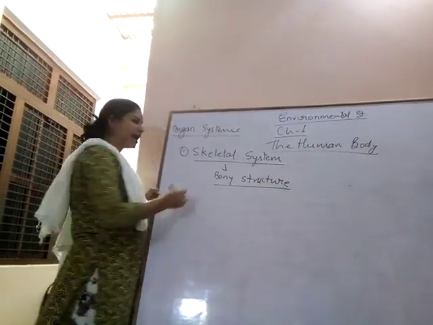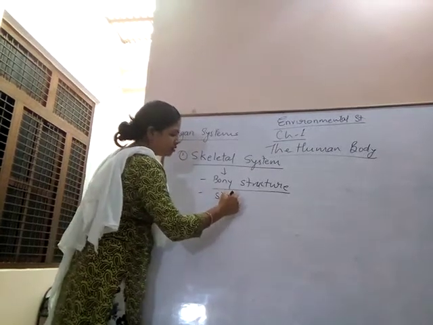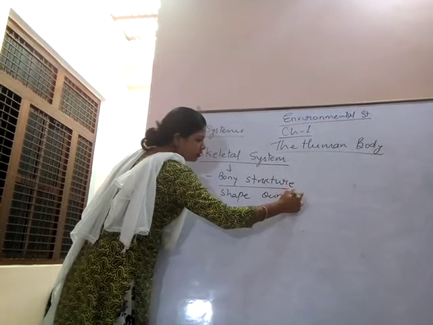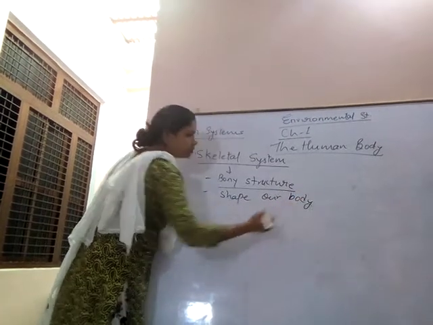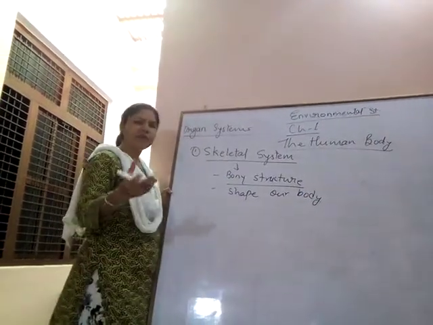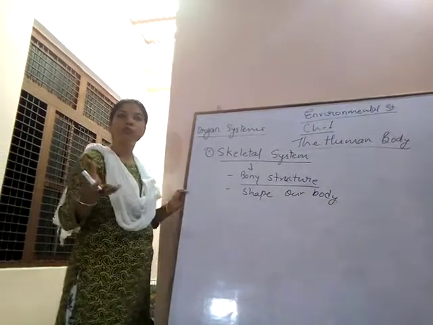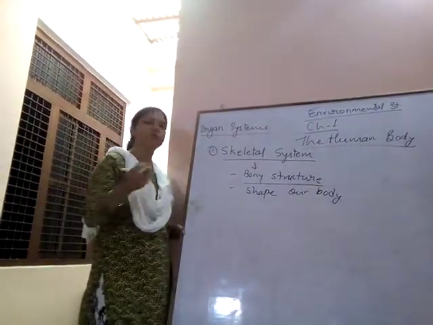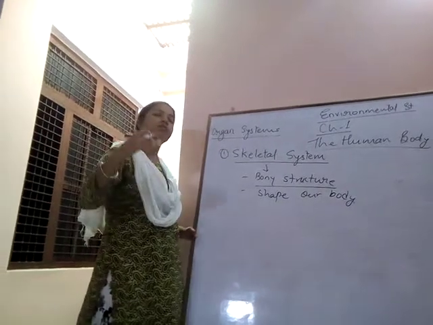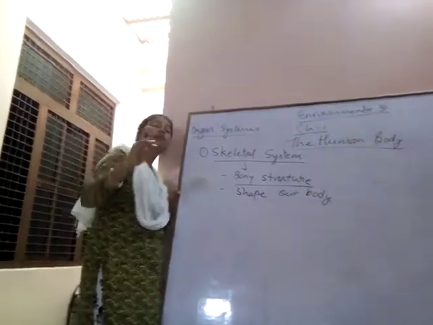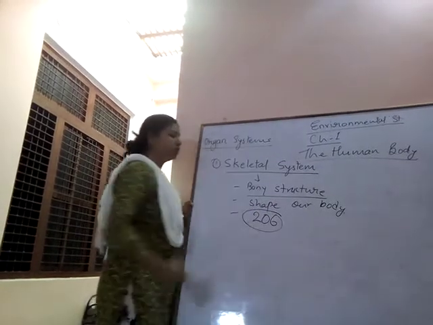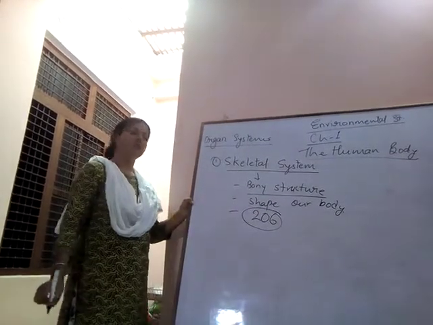It provides shape to our body. When a baby is born, it has almost 350 bones. But as it grows and is fully grown, the bones reduce to 206.